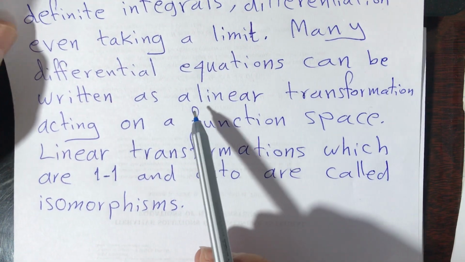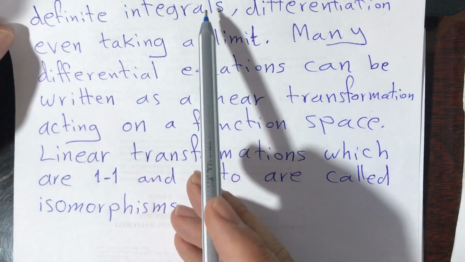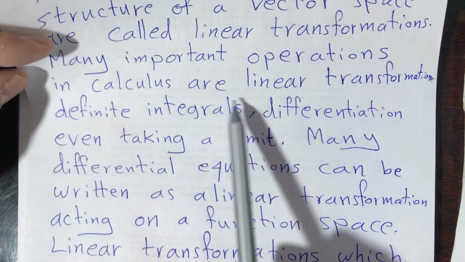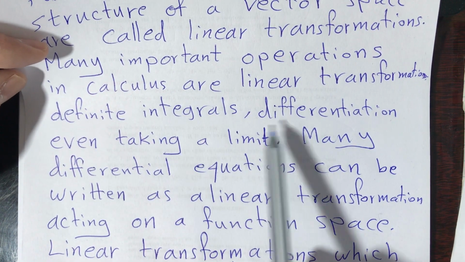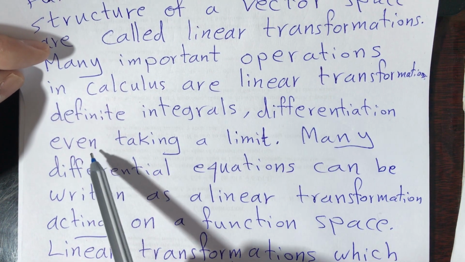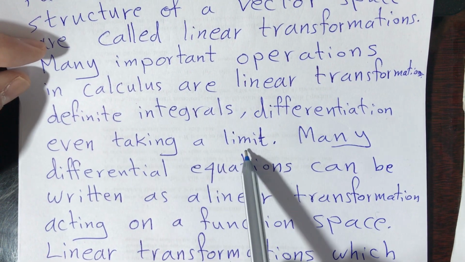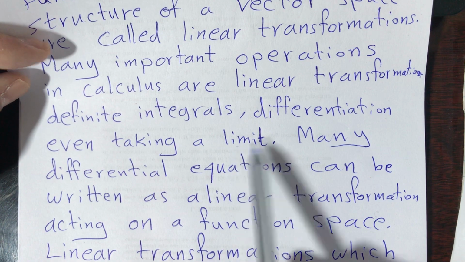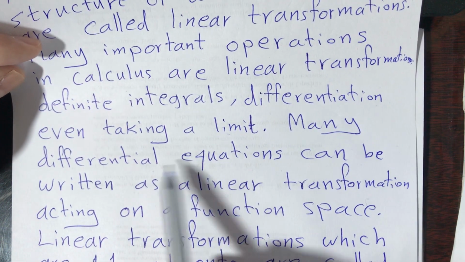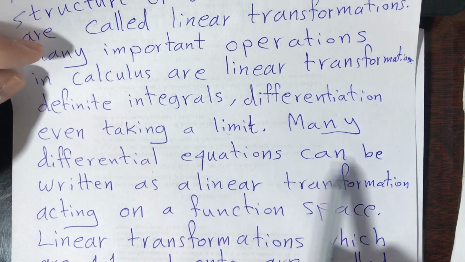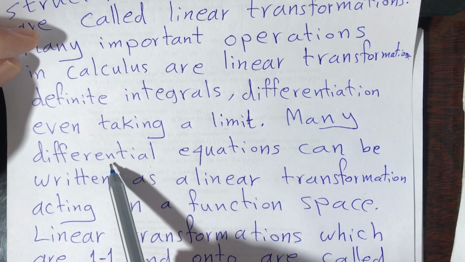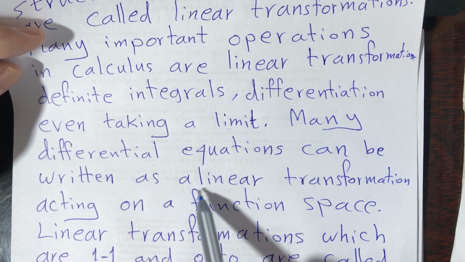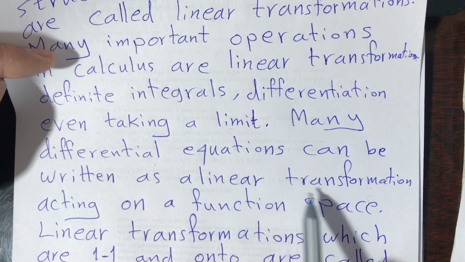That means many operations in calculus are linear transformations: definite integrals, differentiation, اشتقاق, even taking a limit, also limit غاية. Many differential equations, معادلات تفاضلية, can be written as a linear transformation.